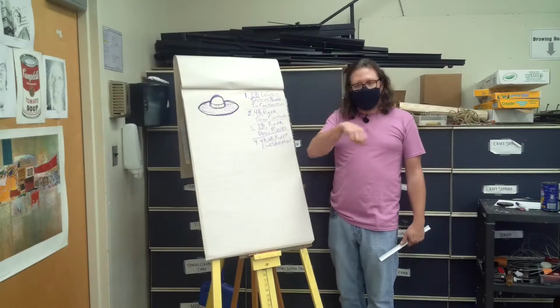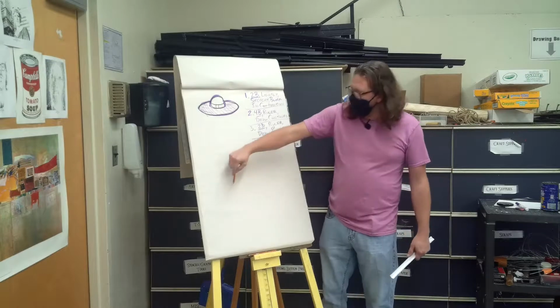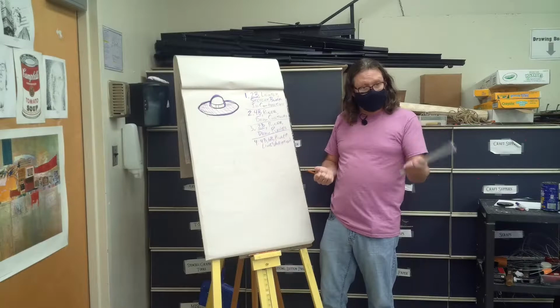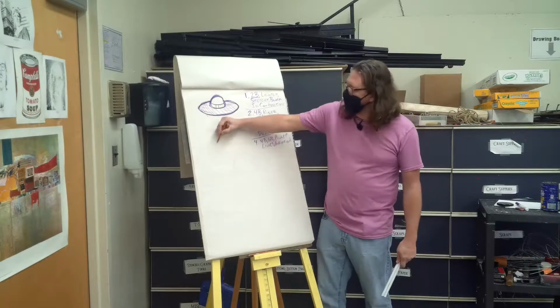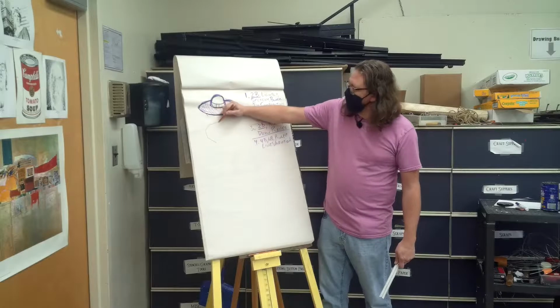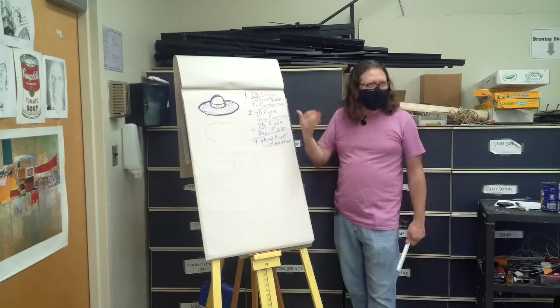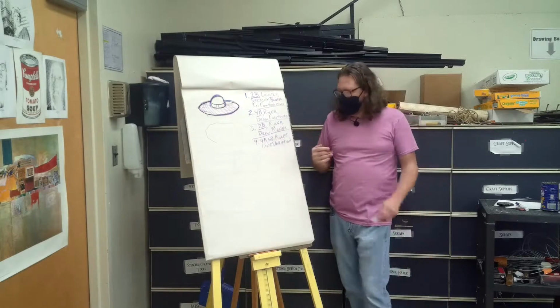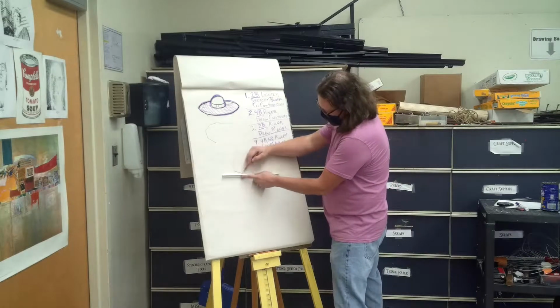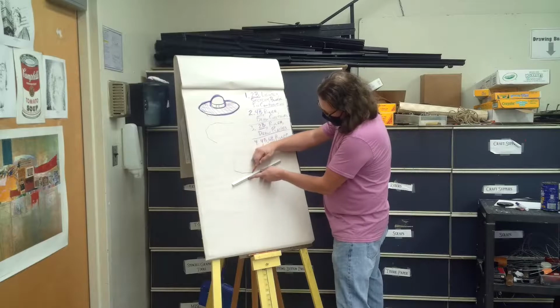And when I encounter a curve, I can't make a circle because the whole thing about this is we're using straight lines. So if I'm going to make a curve, I'm going to do so in a series of straight lines that will make that curve for me. All right? So, come in here. I'm going to go around this hat here.